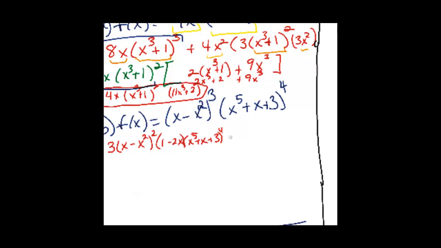And then plus the derivative of the other, 5x to the 4th plus 1, times the other with no change, which would be x minus x squared cubed.